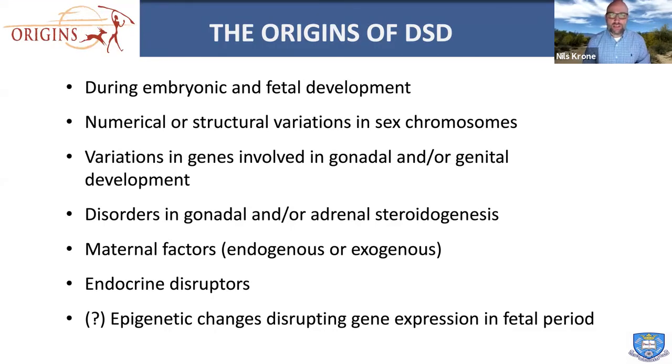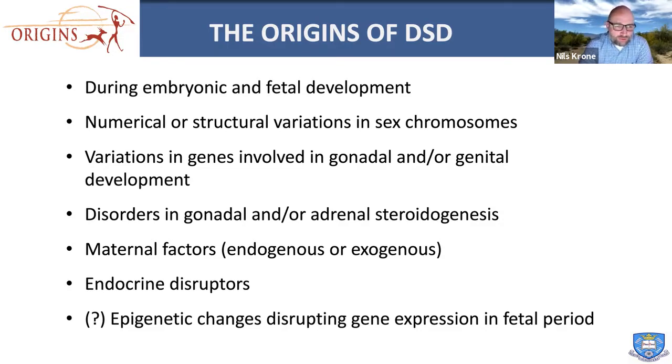As a starting point, how do DSDs occur, and what are the origins? Usually, it's a problem or a difference happening during embryologic and fetal development, quite often due to numerical or structural variations in sex chromosomes, or variations in genes involved in gonadal and genital development.